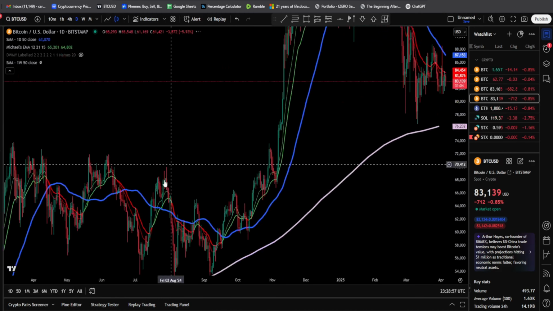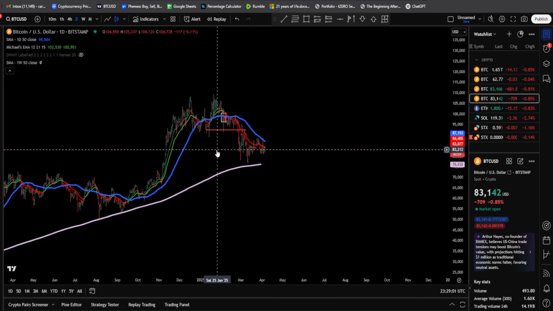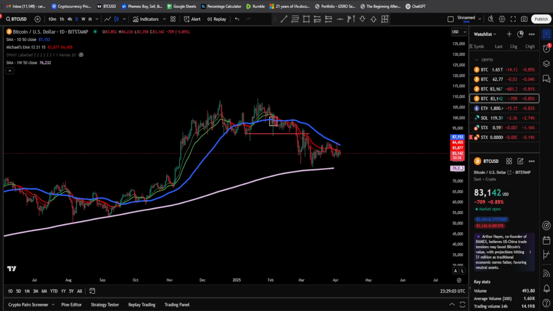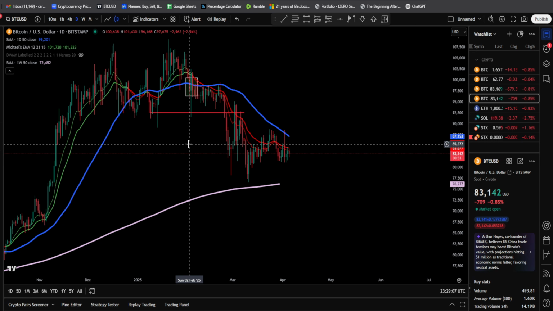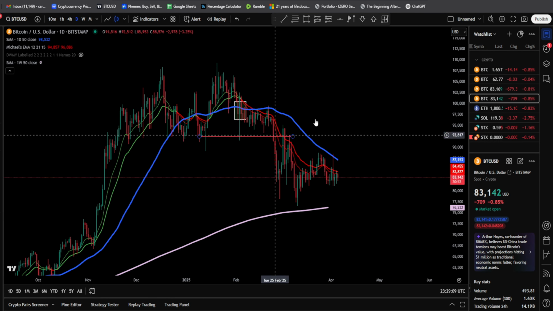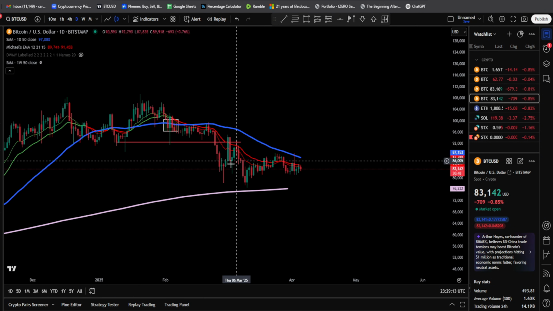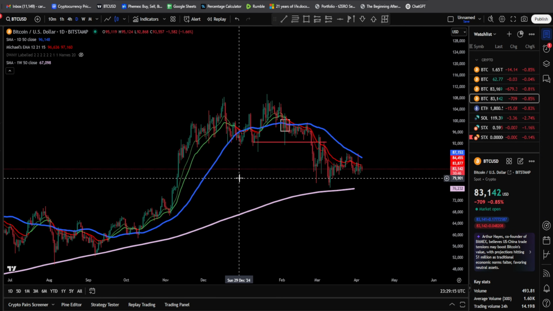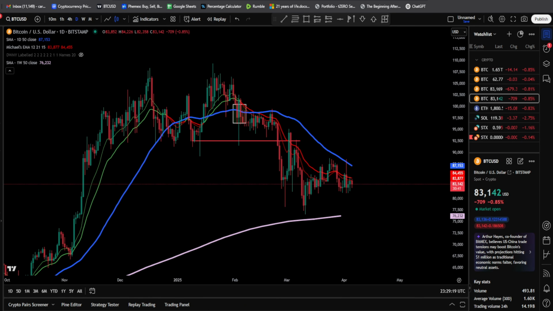So if you're long from right here or lower, that's not a bad spot to get out. But I see this going higher, 150K, 200K, wherever it goes, because undoubtedly Bitcoin is going higher.